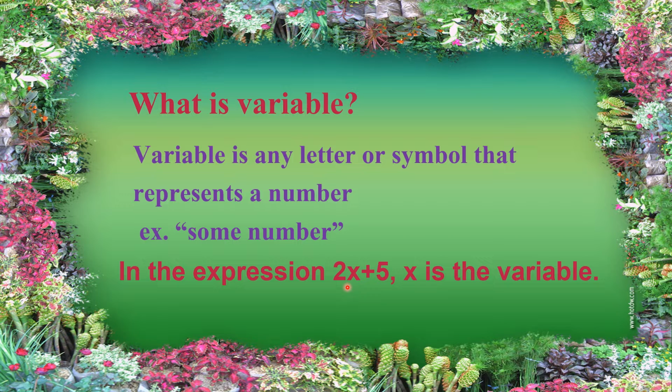N. Very good. 5l plus 2, what is the variable? L. 3y divided by 5. What is the variable? Y. So, a variable is any letter or symbol which represents a number.